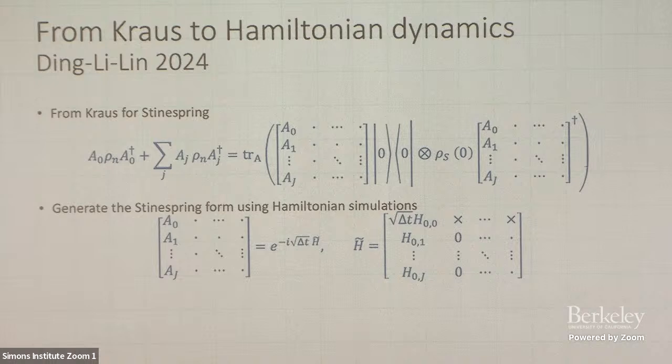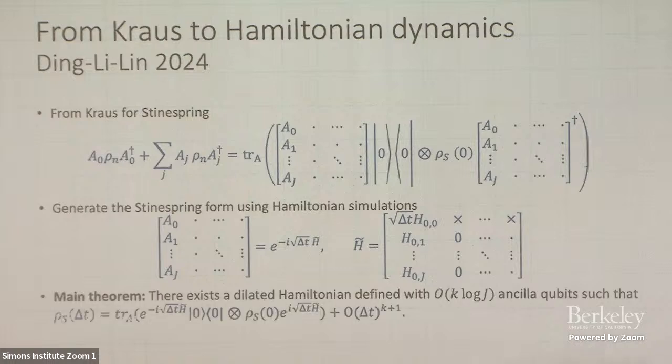Of the first row. Okay. And so in the end, the effort went into figuring out these blocks of this H tilde. And it turns out that we can find all of them to arbitrary order of accuracy. So basically, you follow this Hamiltonian dynamics in a bigger space here.